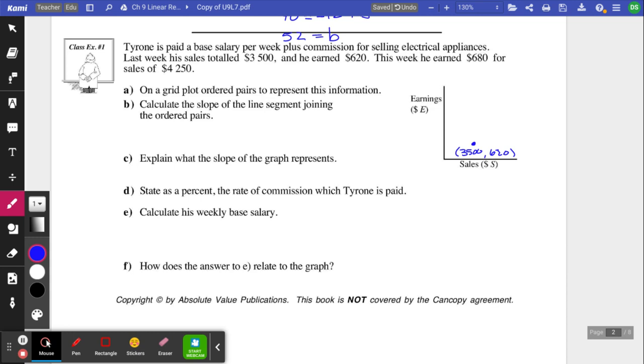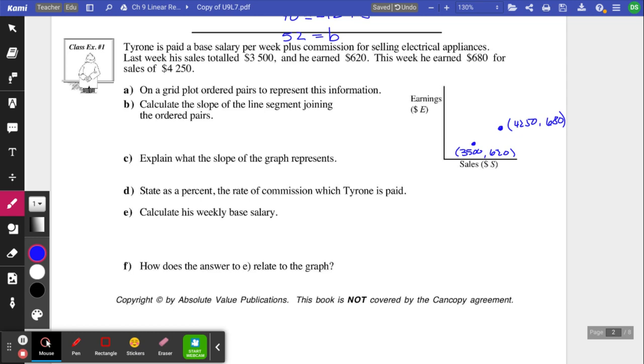He had more sales, so it's a little bit higher, not much. So this point is 4,250, and he earned 680. So I just kind of throw those up there. It may not work, but you'll at least understand a little bit more money earned with more sales.